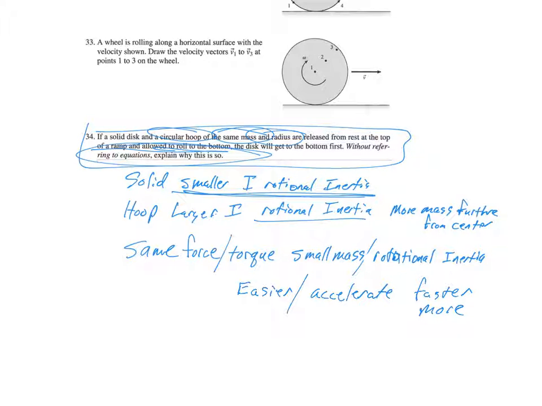So the hoop, or the solid disk, sorry, I'm getting my shapes all mixed up. The disk, which is the solid, which I called up top, the disk, this is disk.